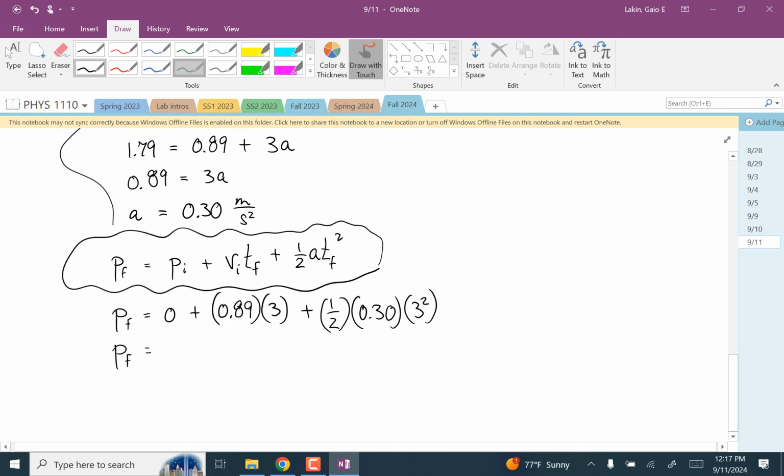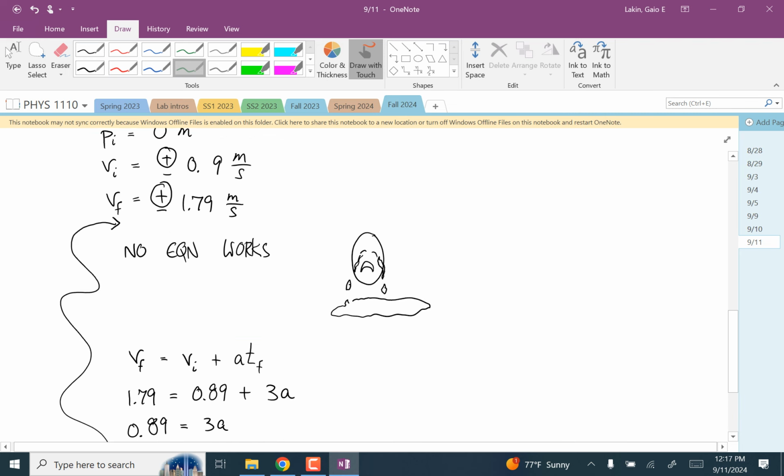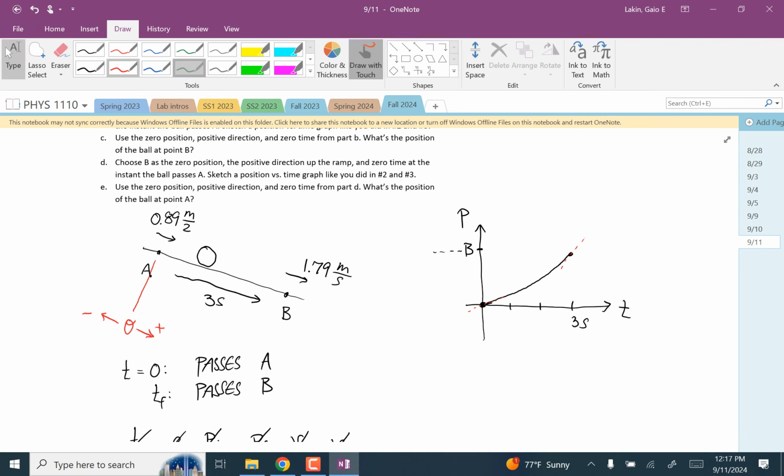And you get that PF is equal to about 4.02 meters. And so now that we've calculated this, we could go back and label this point B as 4.02 meters.